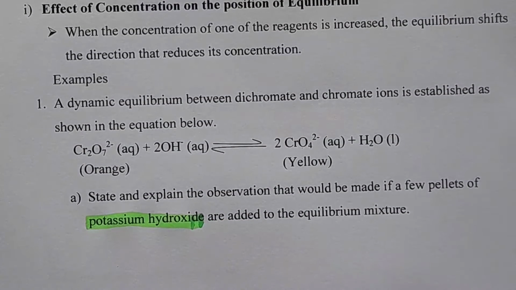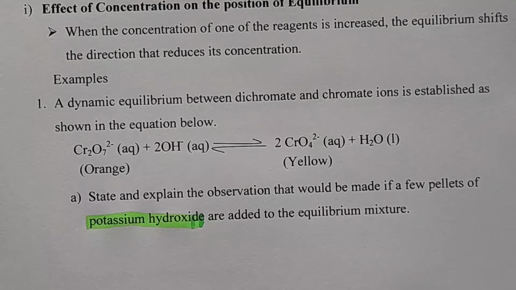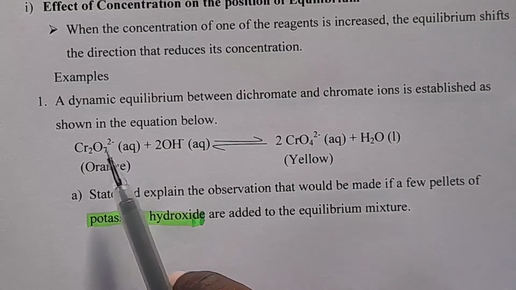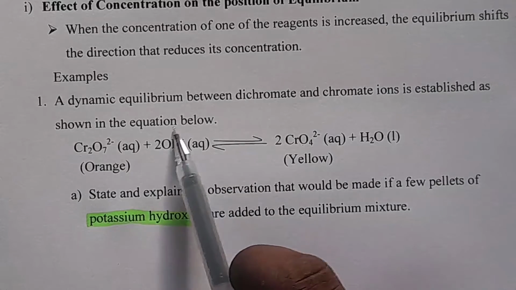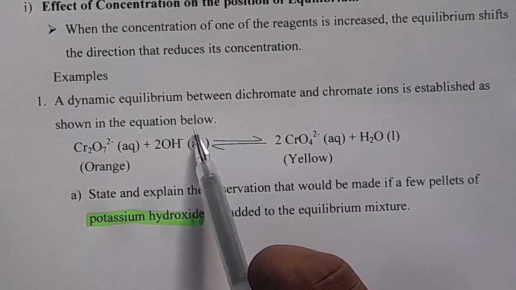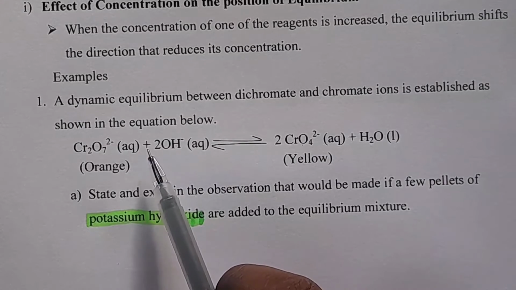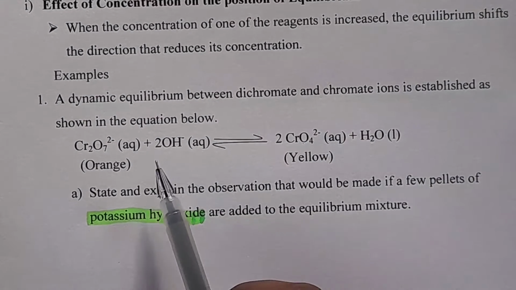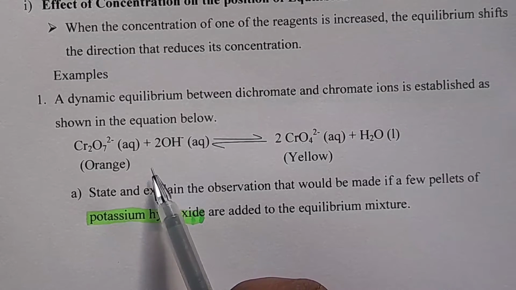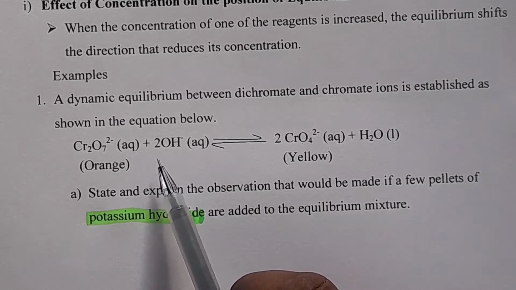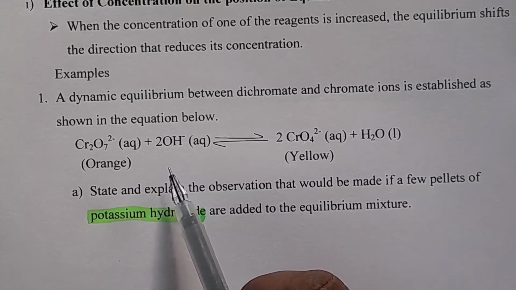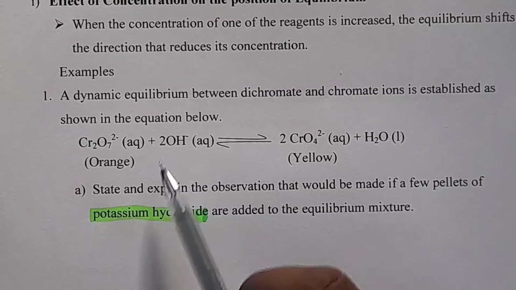So what does potassium hydroxide have? It has hydroxide ions, and in this equilibrium mixture, we have hydroxide ions on the reactant side or on the left hand side of the equation. So that means if we increase the concentration of the hydroxide ions, the equilibrium shifts to the right to reduce the concentration of the hydroxide ions, which is introduced into the system.